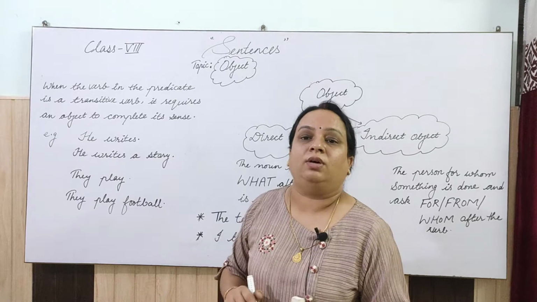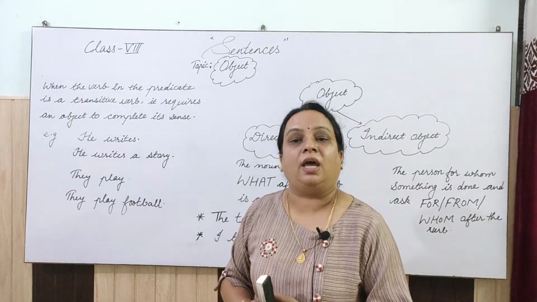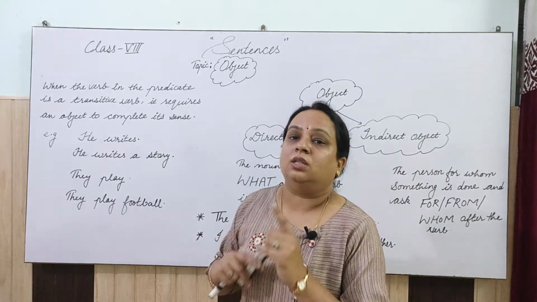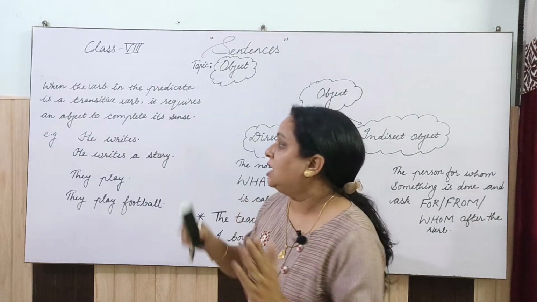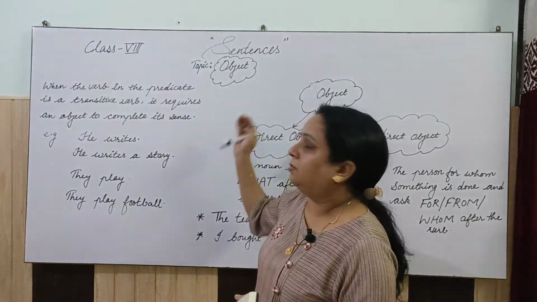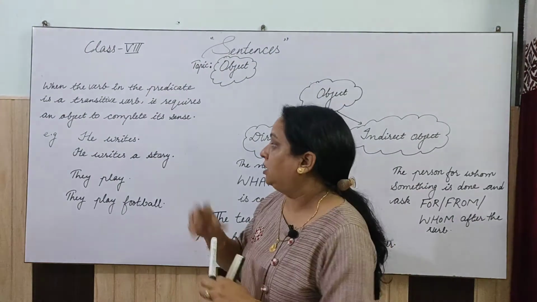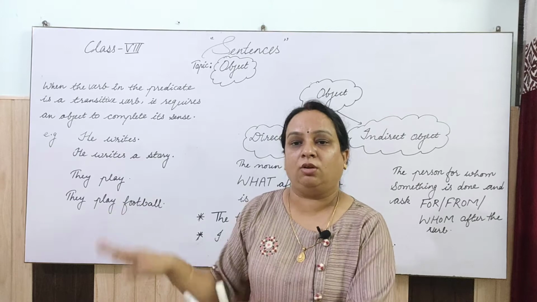So what you have understood here is that a verb which has an object is a transitive verb, and a verb which does not have an object after it is an intransitive verb, right? So this is all about objects. I want to tell you one more thing, that there should be something after the verb, but every time that something will not be the object.